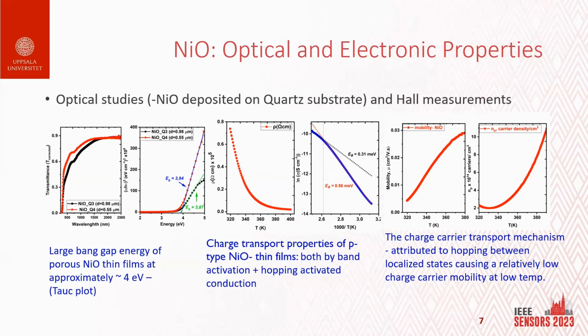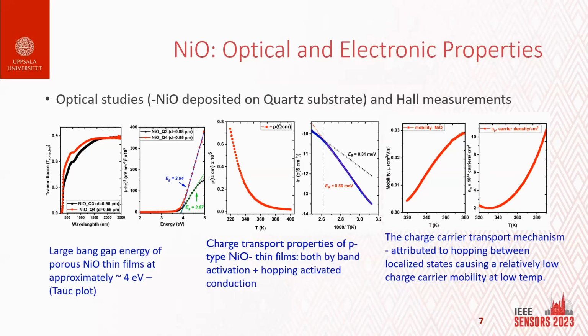As we calculate from the Tauc plot, the thinner ones have almost 3.94, almost 4 eV band gap energies, whereas with a thickness of almost 1 micrometer of nickel oxide, we see 3.87. So just by developing thinner or thicker nickel oxide, we are manipulating the band gaps of the films.